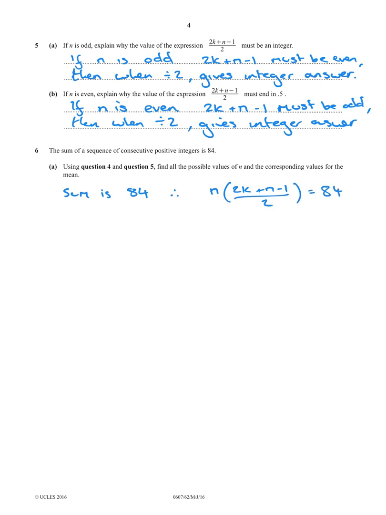And that's the thing that I was dealing with in question 5 and was given to us. So if I manipulate this a bit, I get n times (2k plus n minus 1) would be equal to 168.